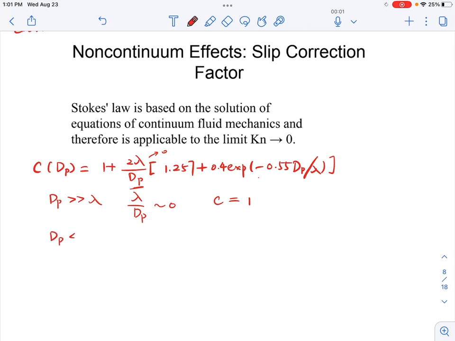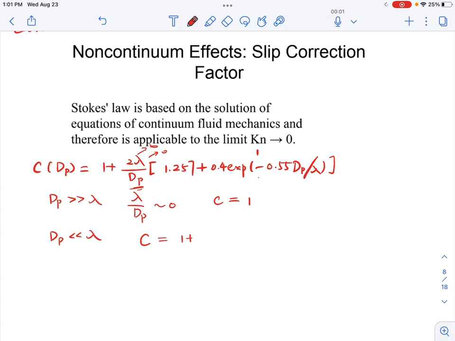On the other hand, if you have the particle size much smaller than lambda, first we can look at this term here. If the particle size is much, much smaller than lambda, then this term goes to 0. Exponential of 0 is 1, so here you have a constant. And further, this term will go to infinity.